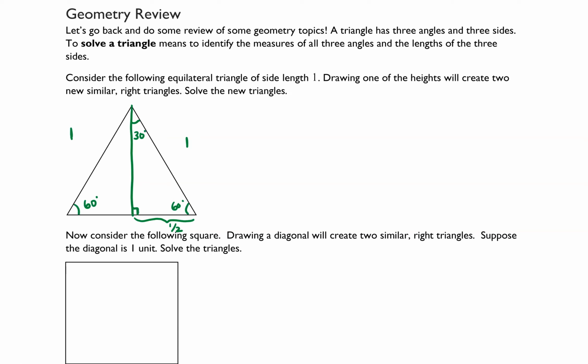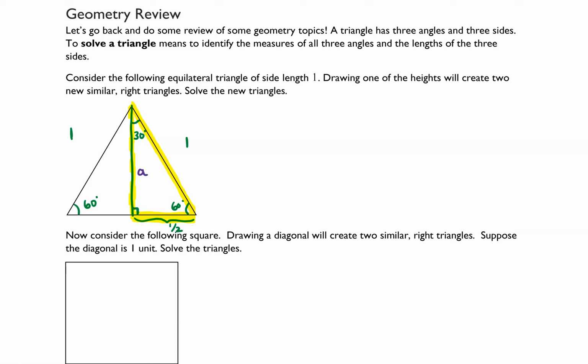The only length I don't know is the length of the height here, because I know that this bottom side length is 1/2. I know that the length here, which is called the hypotenuse, is 1, but I don't know this height, so I'm going to label it a.